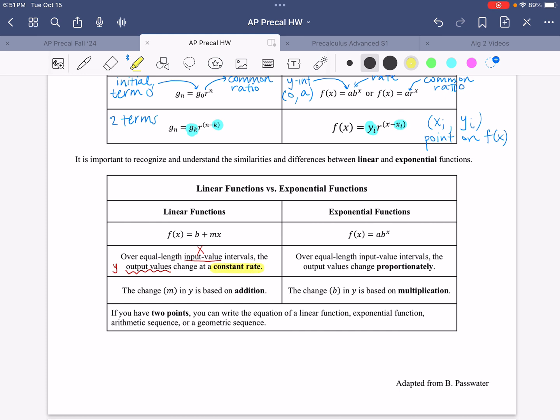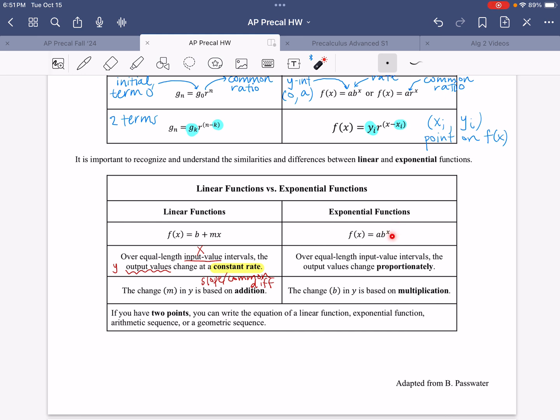That constant rate is our slope, or our common difference as it relates to arithmetic sequences, so the change in y is based on addition. Even if you're subtracting, then the common difference is negative, or the slope is negative.